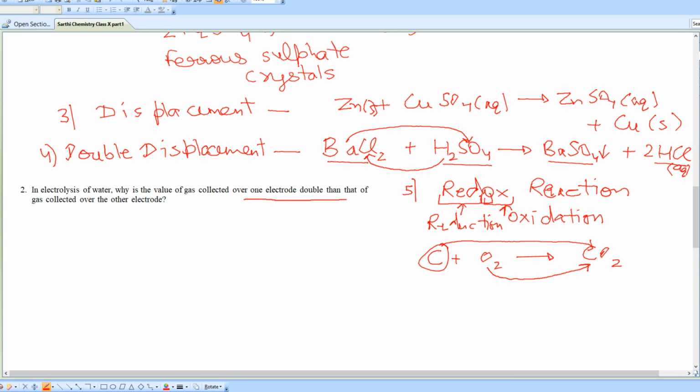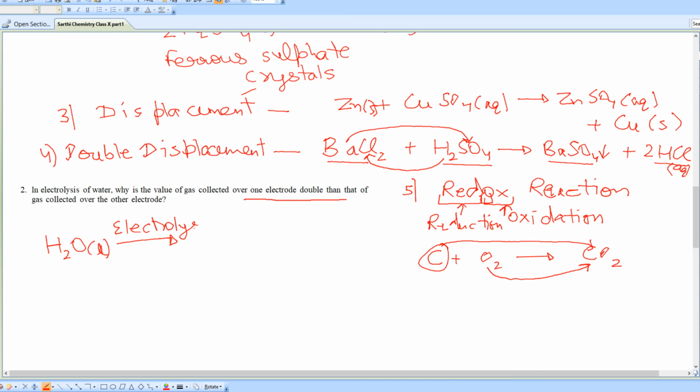In the electrolysis of water, what happens is we have water, H2O, in liquid state, getting electrolyzed.